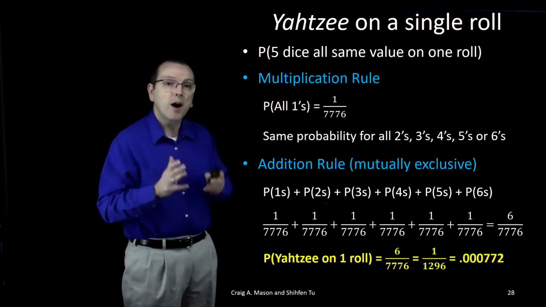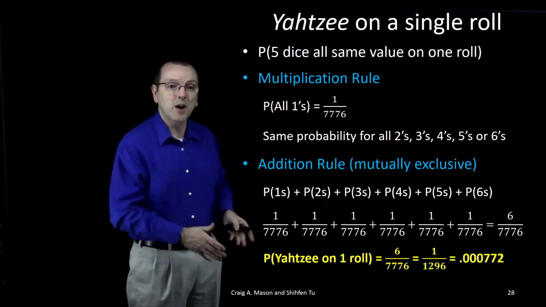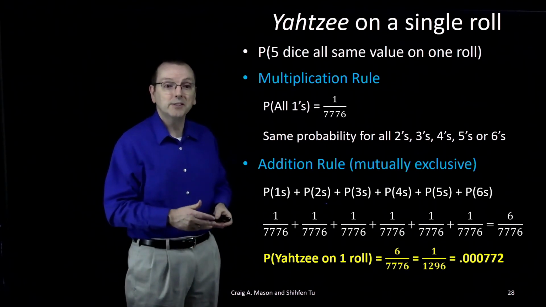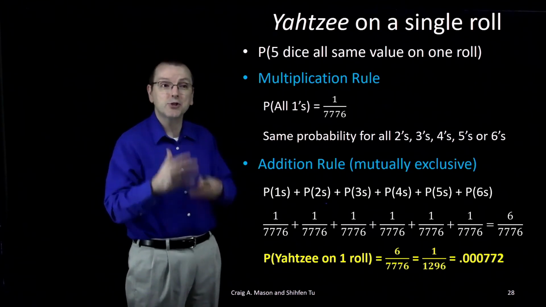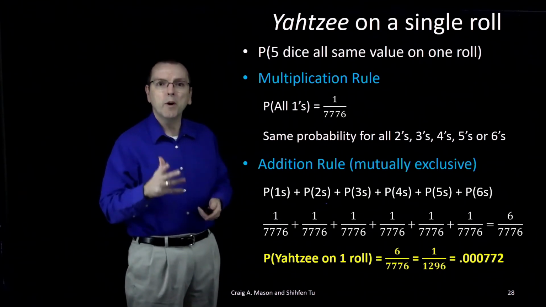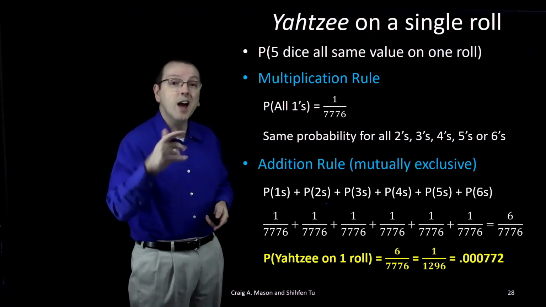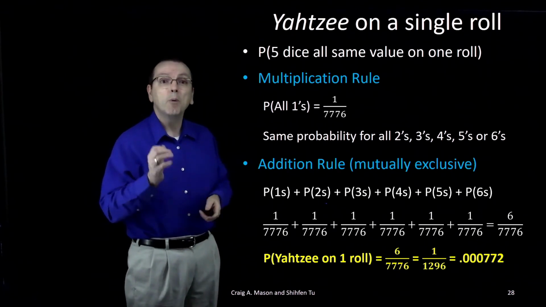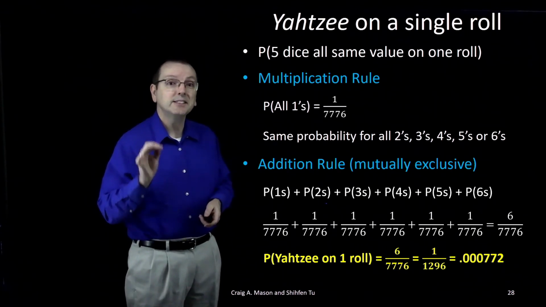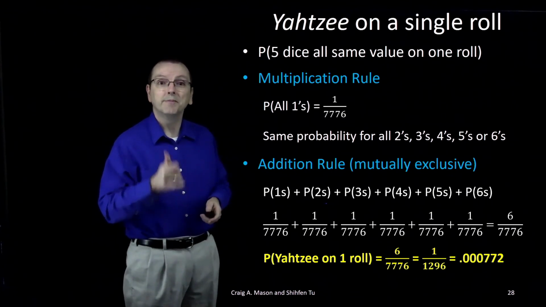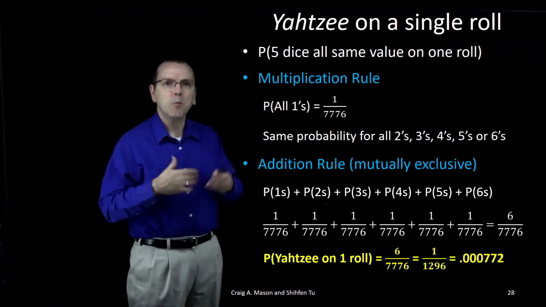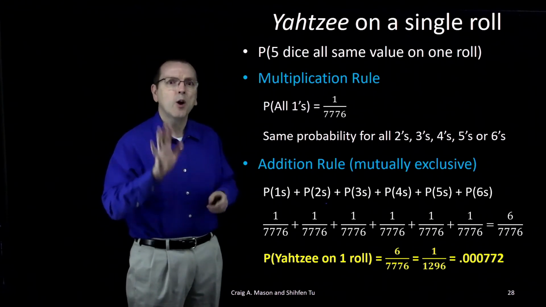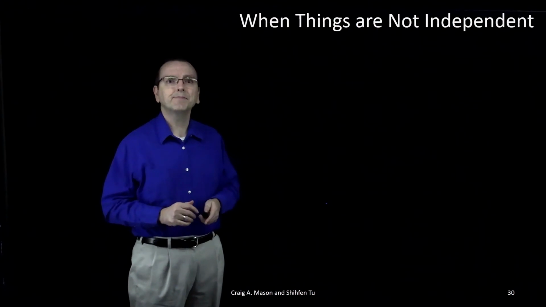So the probability of a Yahtzee on one roll is just 6 over 7,776, which reduces to 1 over 1,296, or 0.000772. All right?